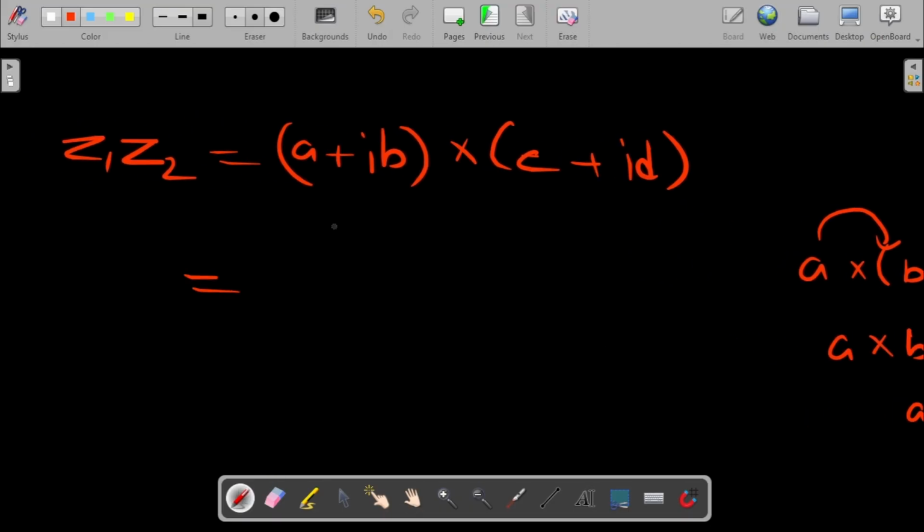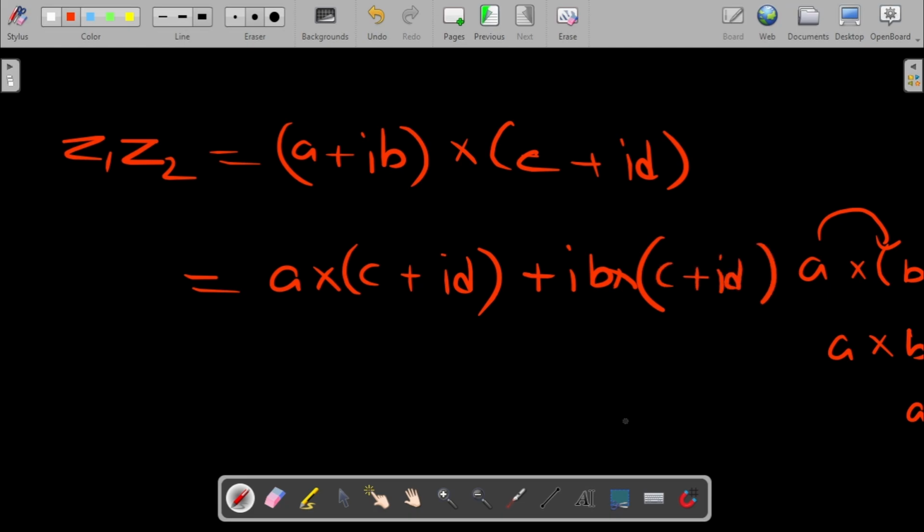So firstly, A multiplied with (C plus iD), and then iB multiplied with (C plus iD).